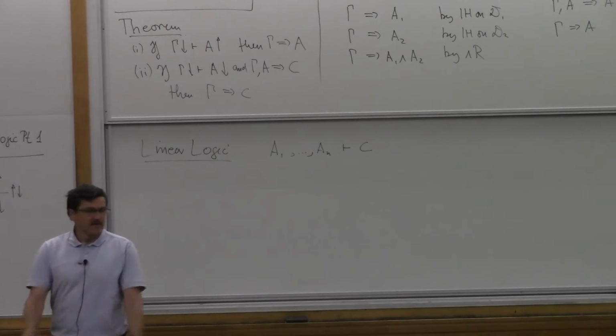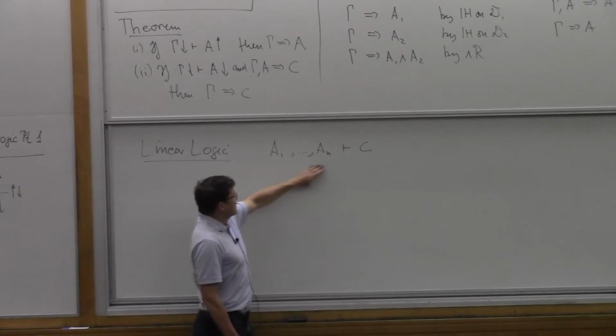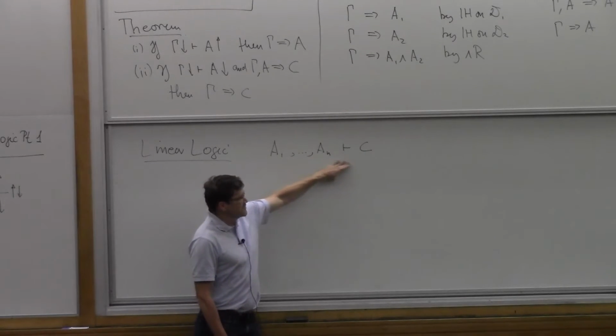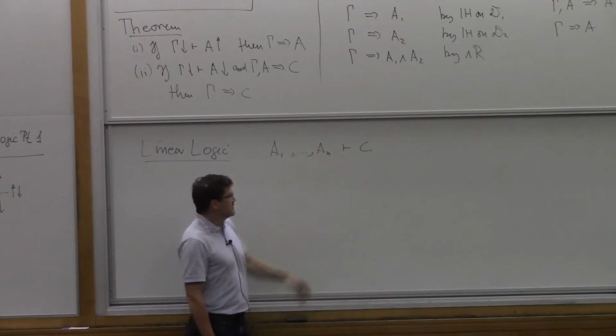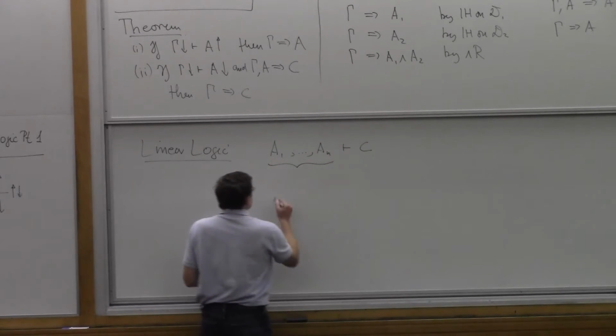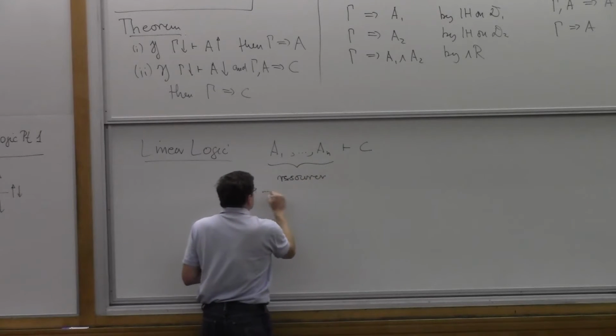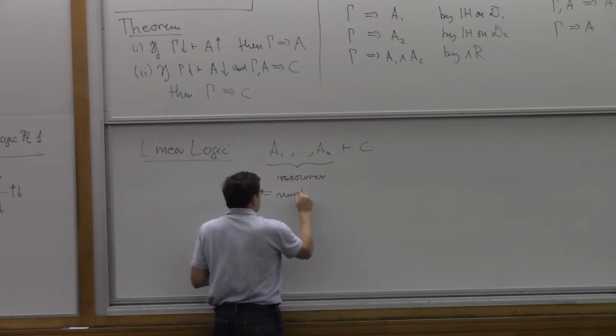Should be easy, right? And so this now means we're in linear logic, these things are your assumptions, but we're in a sequent calculus. And the point is that these assumptions here, you think of these as being resources rather than logical assumptions. Resources, which means that you must use them exactly once.